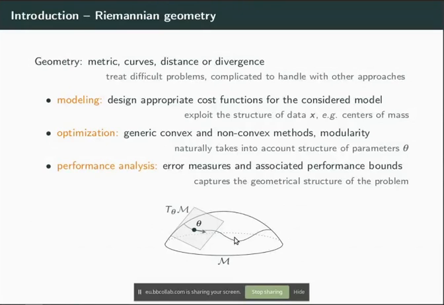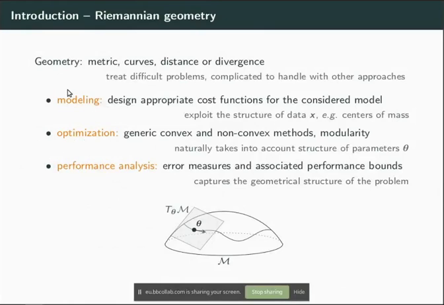And it's quite useful to deal with problems where data or parameters have some specific structure. And it's quite powerful because we can use geometry both for modeling, optimization, and performance analysis.